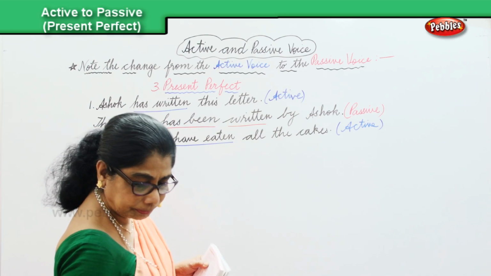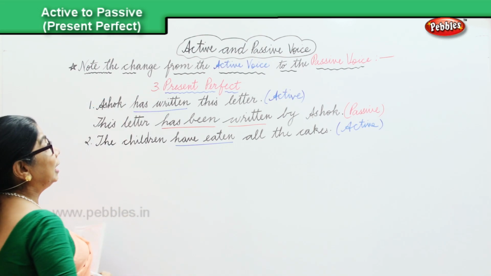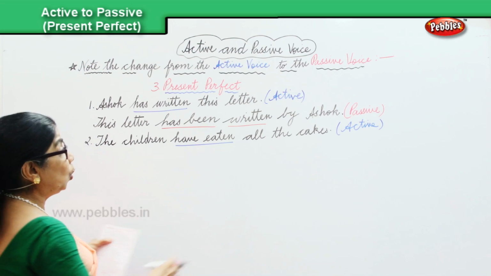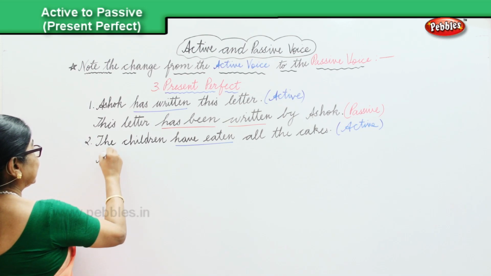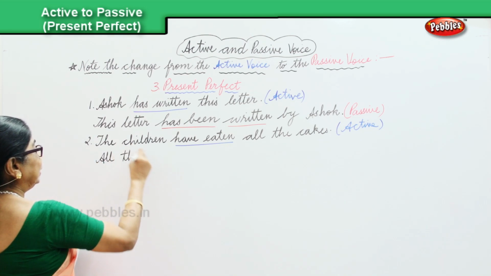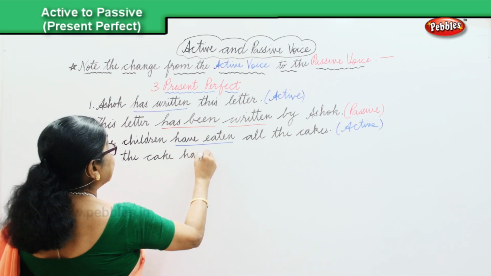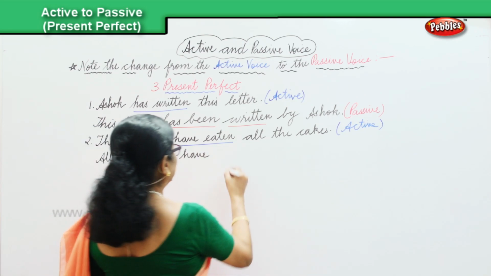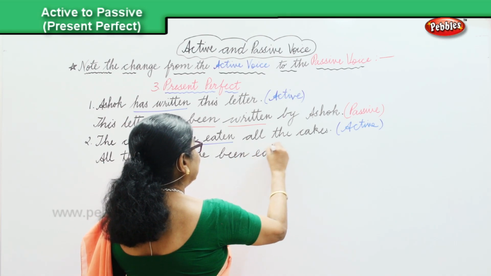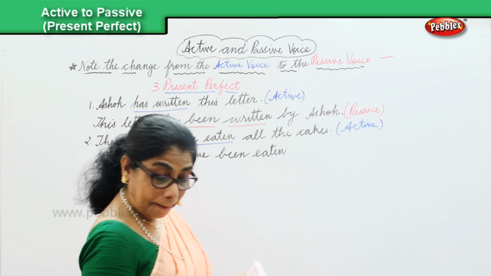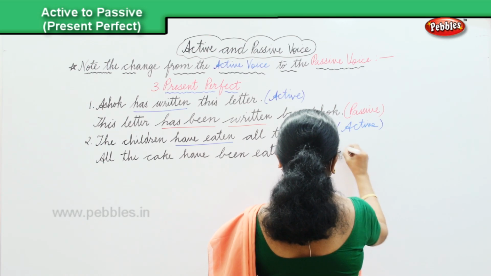Okay. Next, let us change into passive. Note the change from the active in the present into the passive. You will say, all the cakes have been eaten by the children.